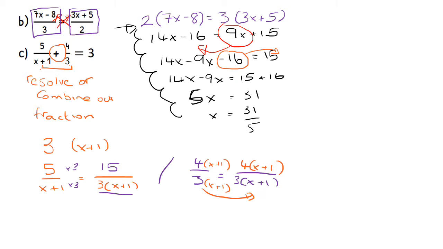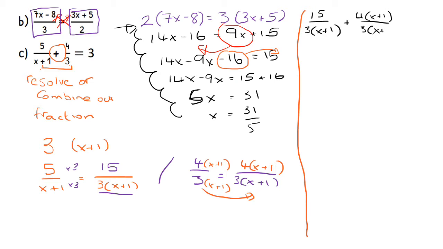So if I then try to tidy this up, and I'll do it on the right hand side here, instead of the 5 over x plus 1 plus the 4 over 3, we will now have 15 over 3 upon x plus 1 added 4 upon x plus 1 over 3 over x plus 1.